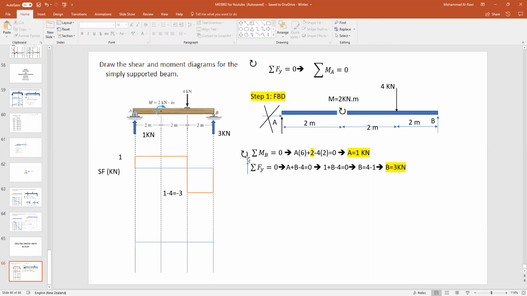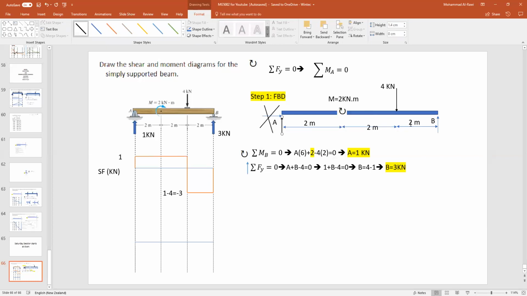So to solve that, I took the moment around point B. This is point B, and clockwise is my positive moment. And then what I did, I converted all the forces times the distance and took them to point B. So first one is A, times 6, 2 plus 2 plus 2, 6 meters. And then plus.